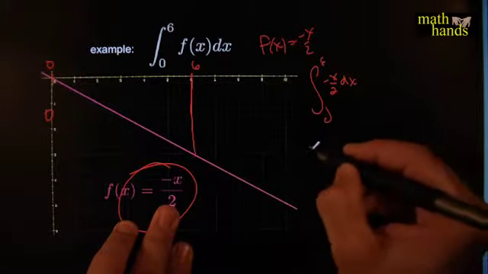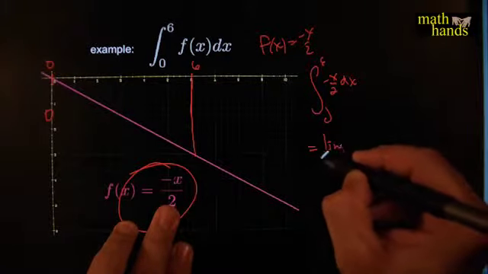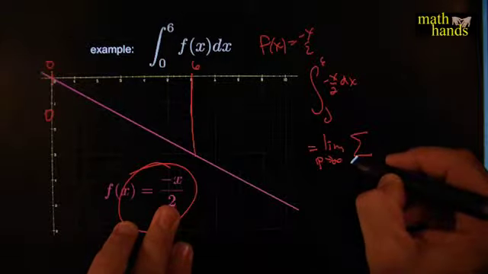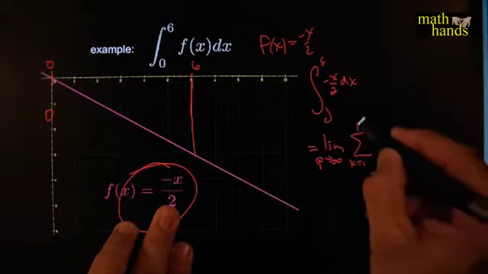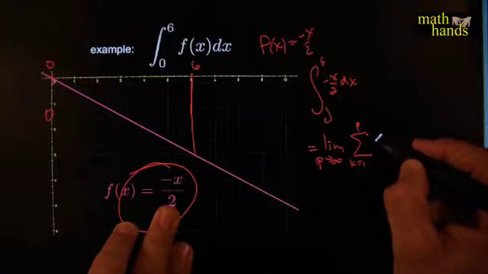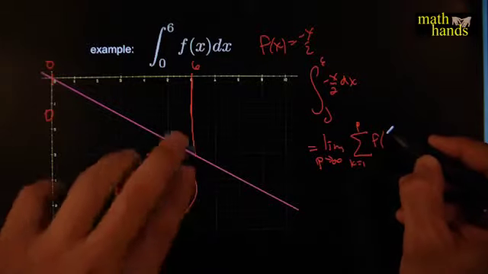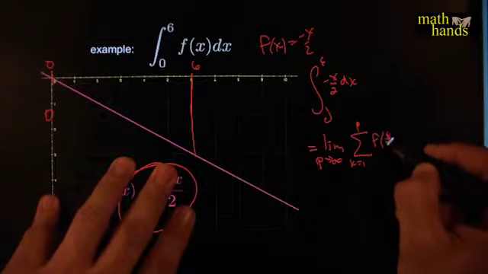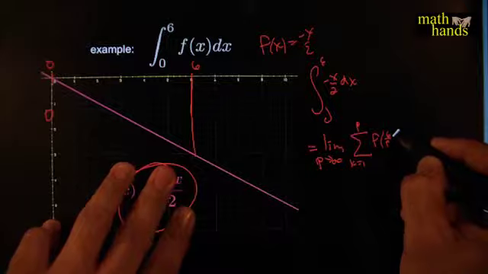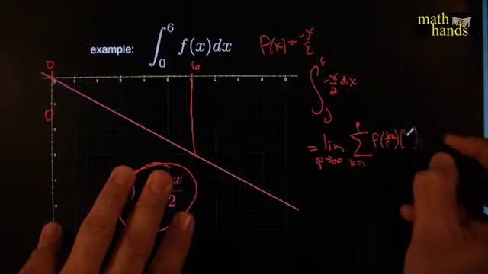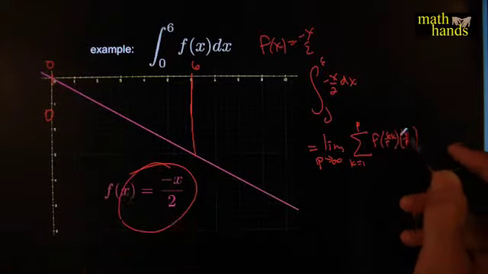This is equal to the limit as p goes to infinity of the summation as k goes from 1 to p of f of 6 minus 0, so it'll be 6 over p times k times the width, which would be 6 over p.